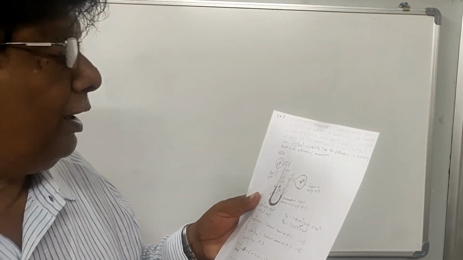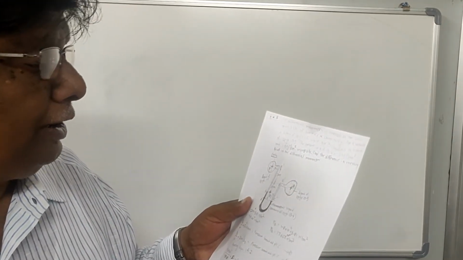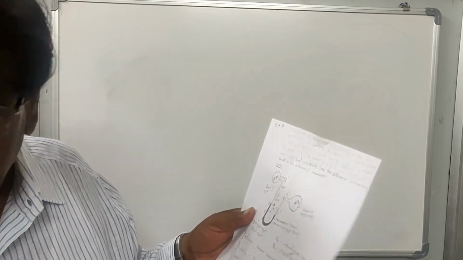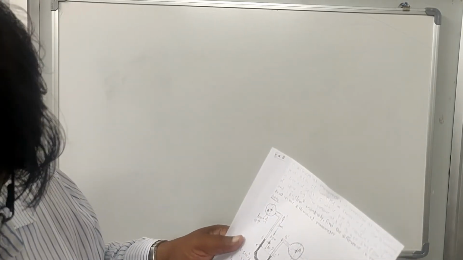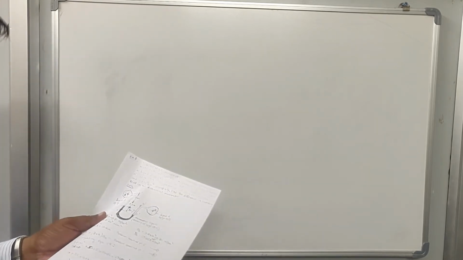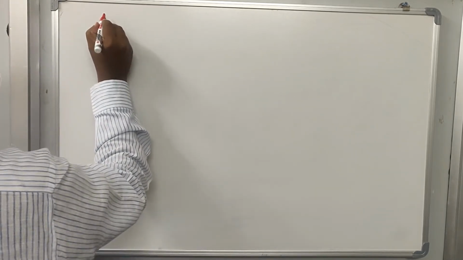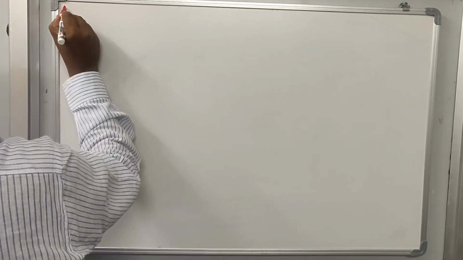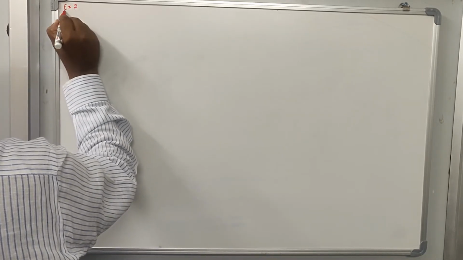Now it is required to calculate the mercury column height H. For that I will first draw a sketch, then we will discuss this problem. Okay, this is example 2.